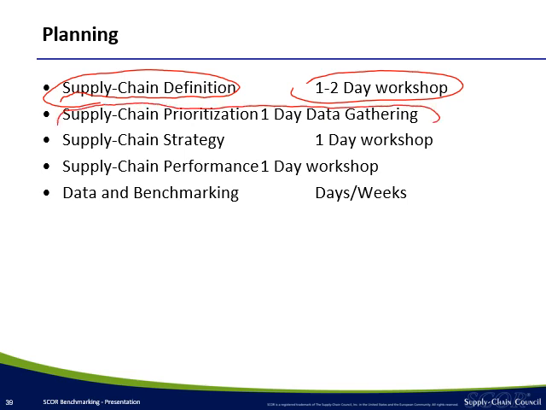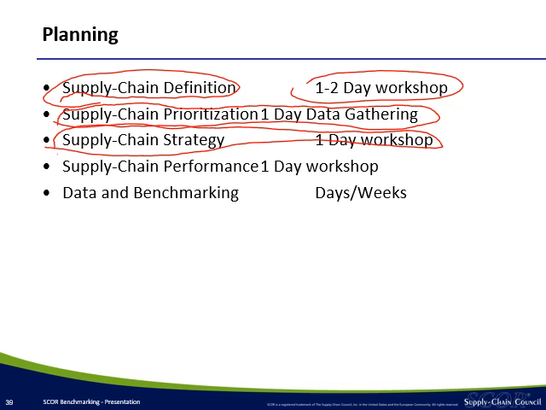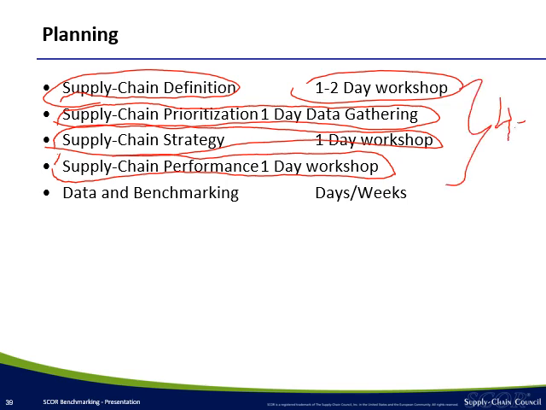It takes also 1 day. And then what is the strategy for each of them? It takes also 1 day. And then what is needed to be measured, the performance metrics, it takes also 1 day. So all of this takes so far 4 to 5 working days, 1 week.